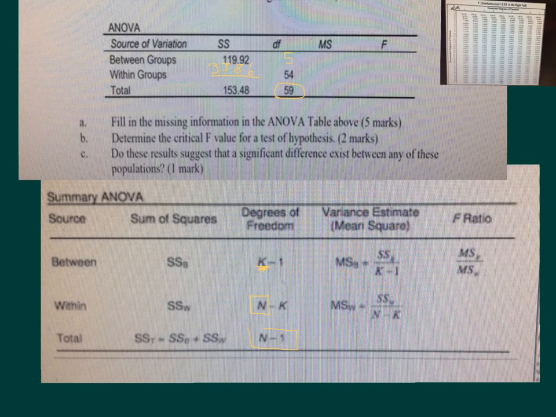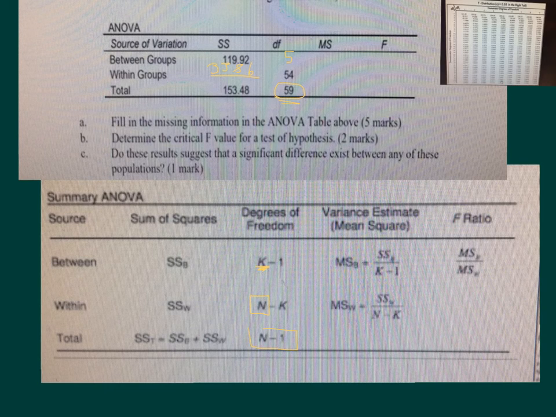I'm sorry, I think maybe it should be 60, should it not? I think it's 60. So that should be a 6. Because your total degrees of freedom will be minus 1 from both groups. And have I got that right? No, I'm sorry, I had it right the first time. Darn. Sorry about that. No, it's got to be a 5, because your total degrees of freedom is what you're adding up in this column, which is 59.